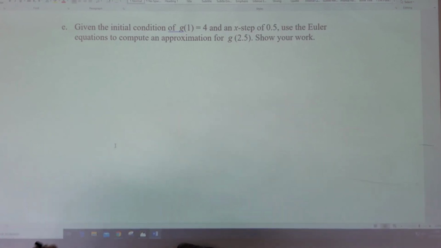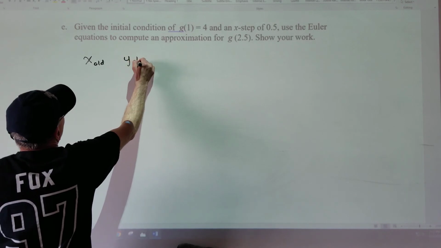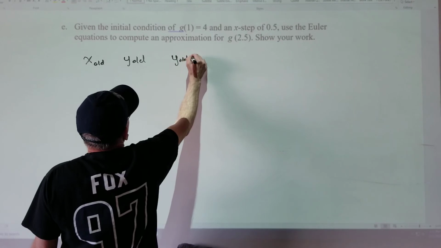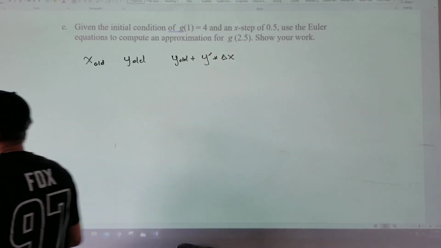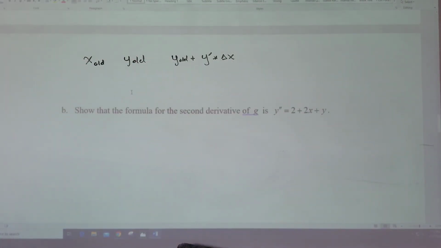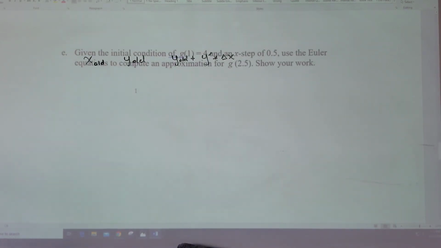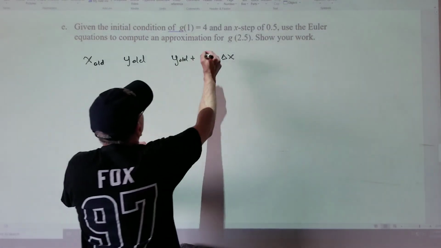Okay, so if you look back to the one we did, we had x old, we have y old, and then we had a calculation for the new y, which was y old plus y prime times delta x. Let's see, the derivative was 2x plus y. So that would go here.